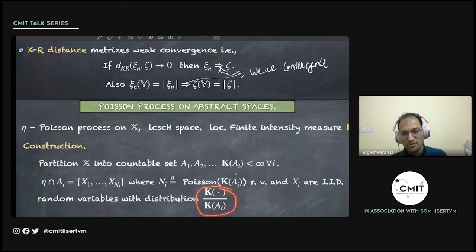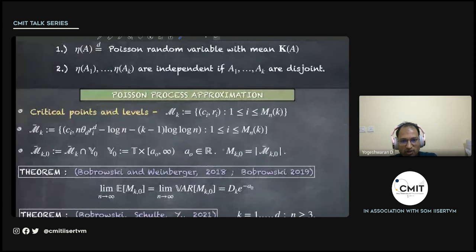If K of X is finite, you are done, very easy. Else there is some concern here. This is a Poisson process, an abstract definition, and I'm not going to give a characterization. Let me get to the result itself.